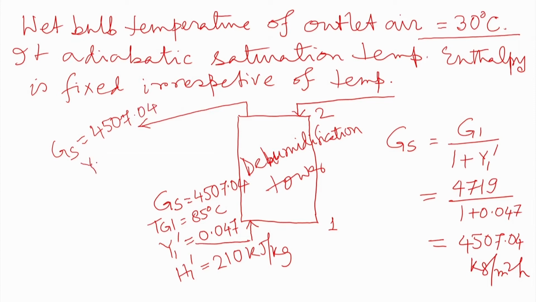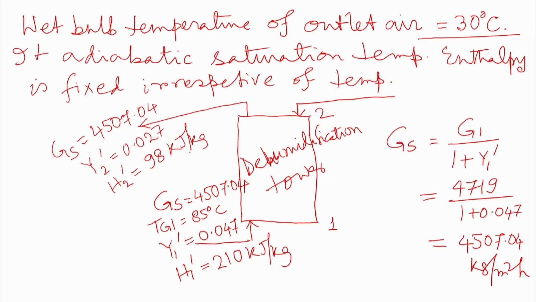Y2 prime, as the wet bulb temperature is fixed at 30 degrees Celsius, will become 0.027, and H2 prime becomes 98 kilojoule per kg.